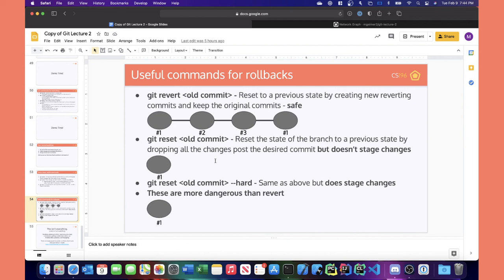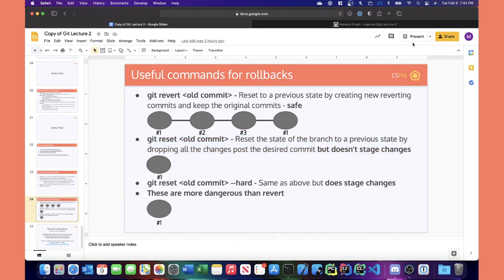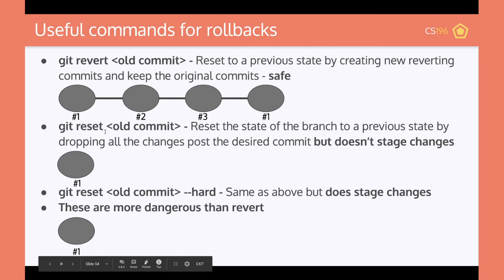So the way that you do this is by using the git reset command. In this case, there were changes that you made that you now want to get rid of. So you're going to want to use git reset and then say whichever commit was the last commit that computer one and computer two both had.